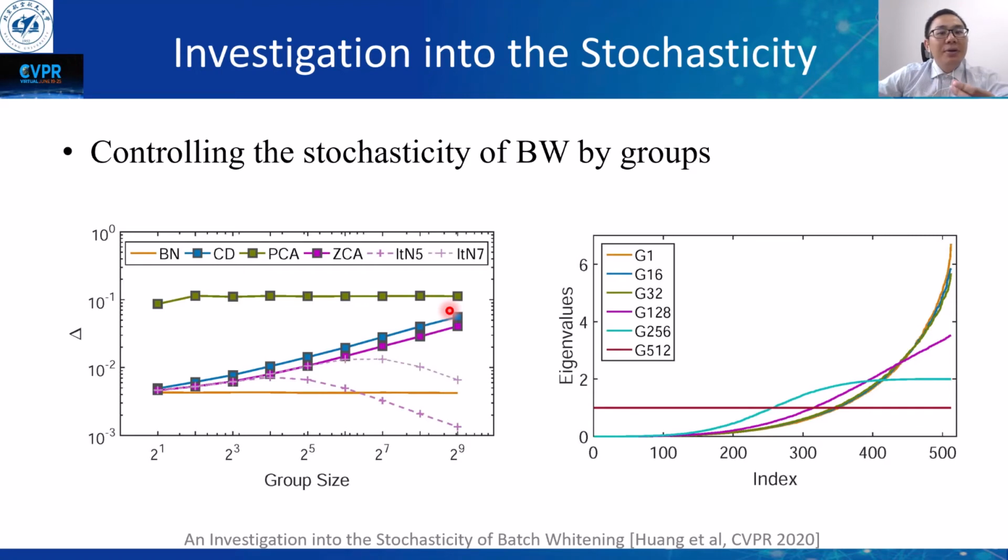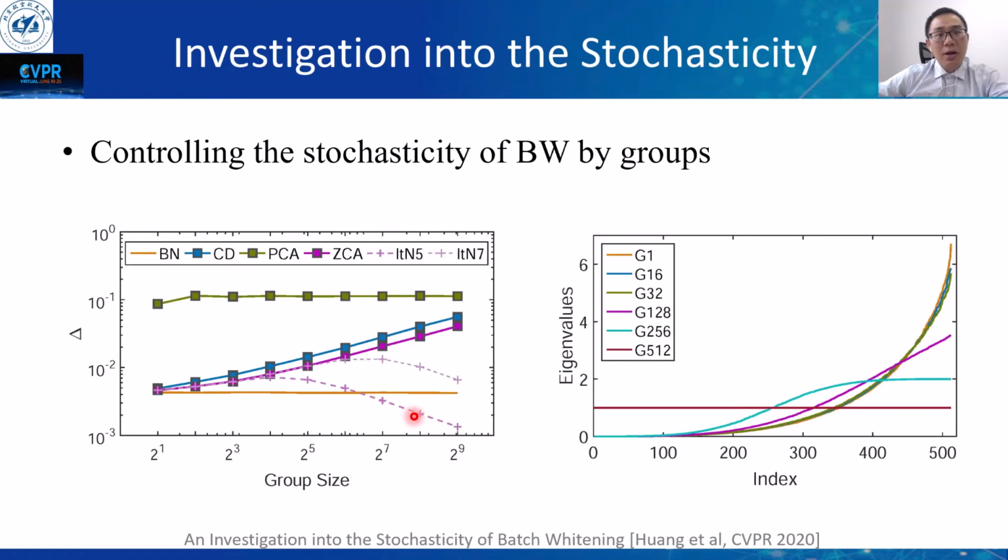The left figure also shows the SND of the approximate ZCA whitening method, here called ITN, which uses Newton's iteration to approximate and calculate the whitening matrix. ITN 5 indicates the ITN method with an iteration number of 5.